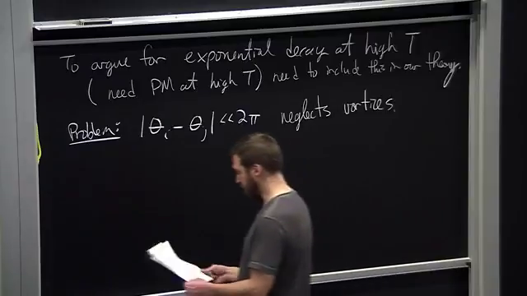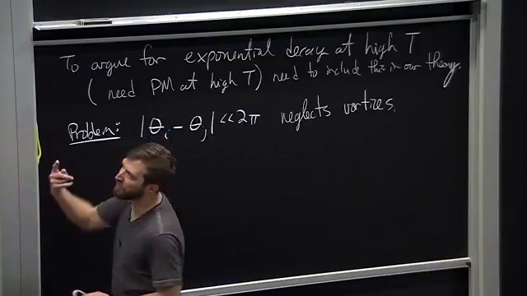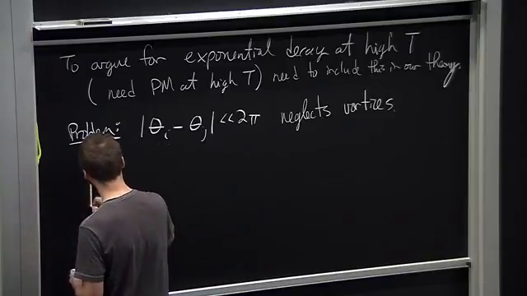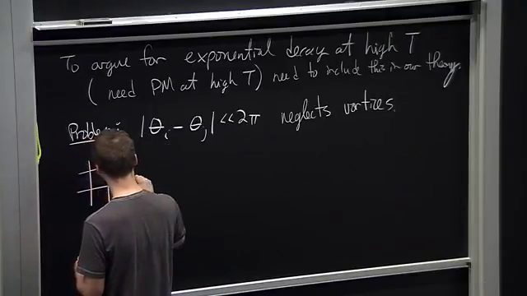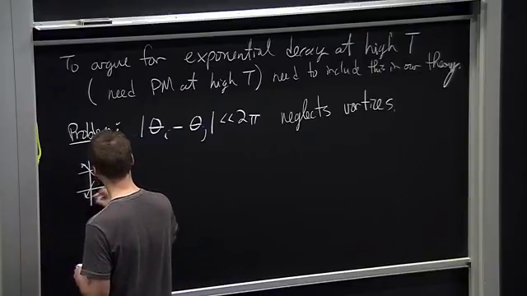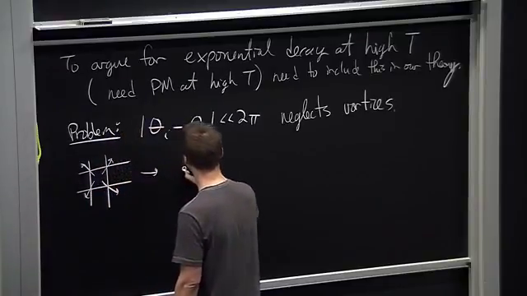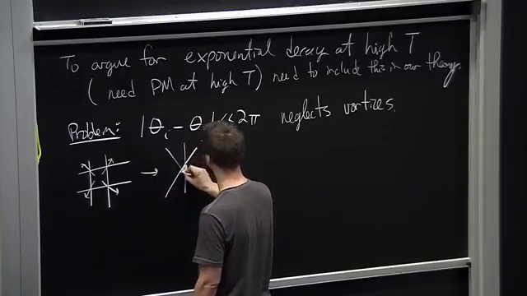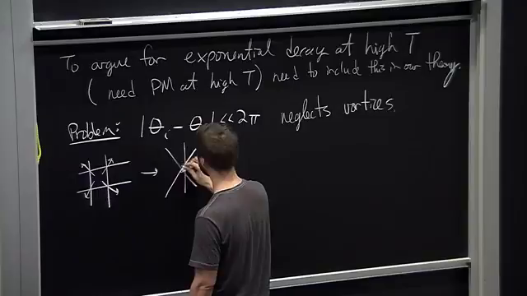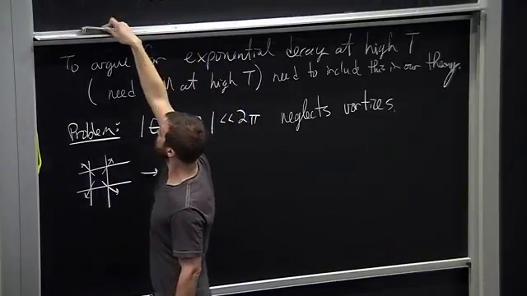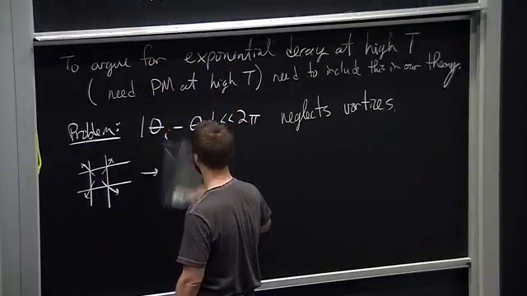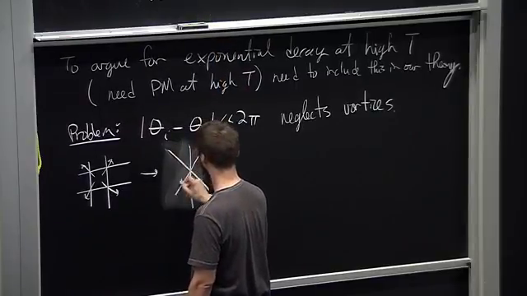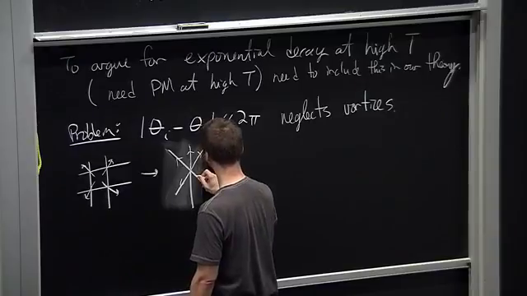So a vortex is a configuration of the order parameter that winds around, like I drew up there, winds around a point in space. And you can draw that point like this. Okay, so that's a vortex field.